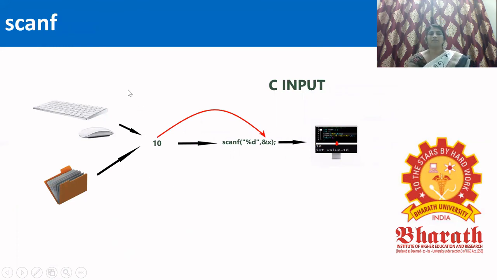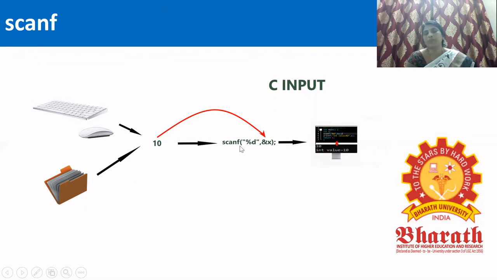Let us discuss first the C input, how the C program receives input. One of the important functions is scanf. This scanf receives data from the keyboard, or from a file, when we enter data from the input device.